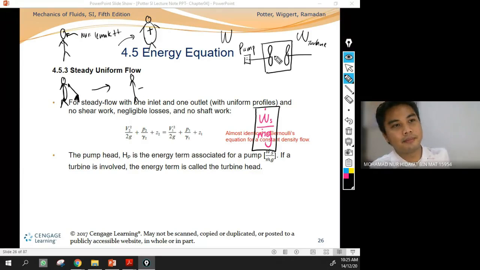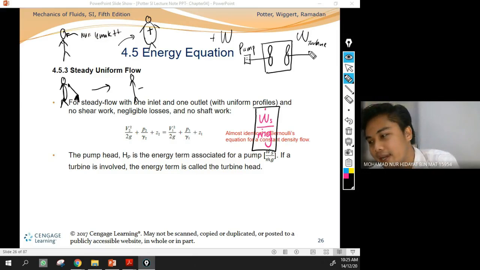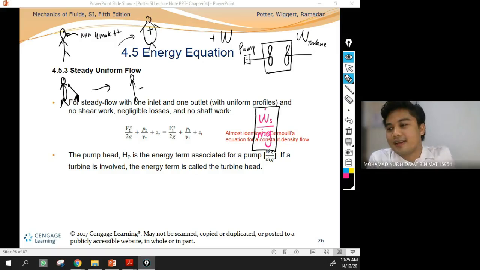Same here. When the control volume receives the energy from the pump, it will be positive. How about when the control volume gives the energy? So what do you think? The work of the turbine, is it giving the energy or gaining the energy?